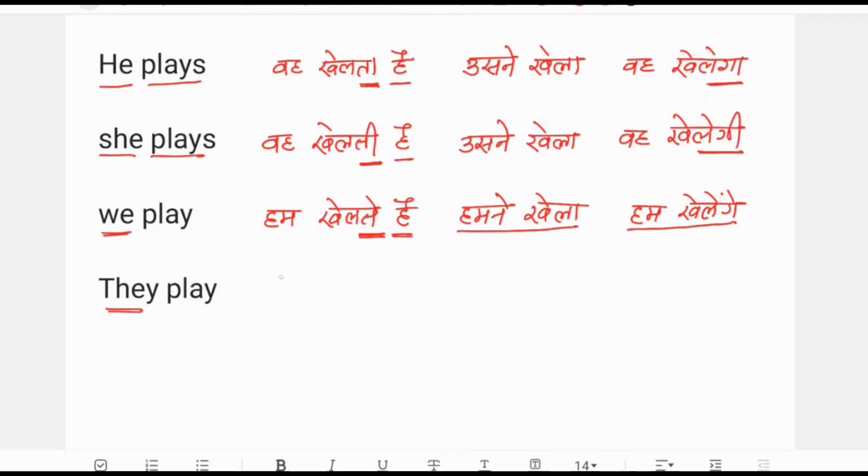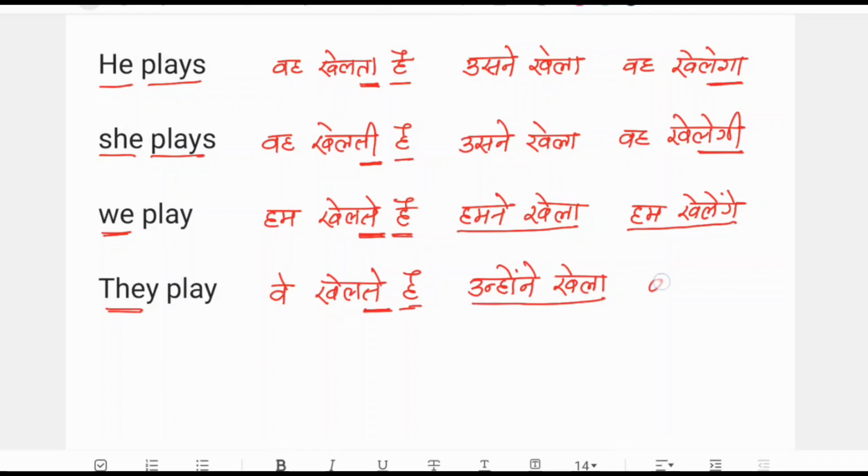Similarly, they play, they means वे, and for play वे खेलते हैं, the ते हैं form for plural. Then उन्होंने खेला, see the difference. For past tense for they we use उन्होंने, and played is खेला, so उन्होंने खेला means they played.